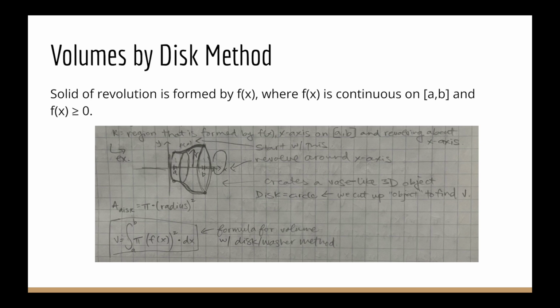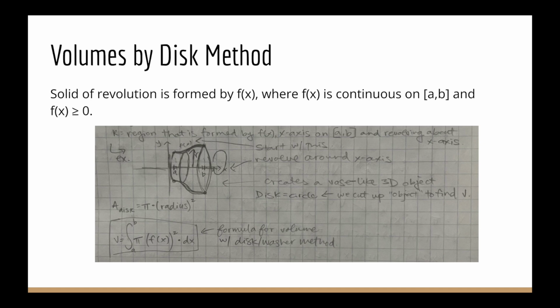For the disk method, it states that solid revolutions are formed by f of x, where f of x is continuous on a to b, and f of x is greater than or equal to 0.